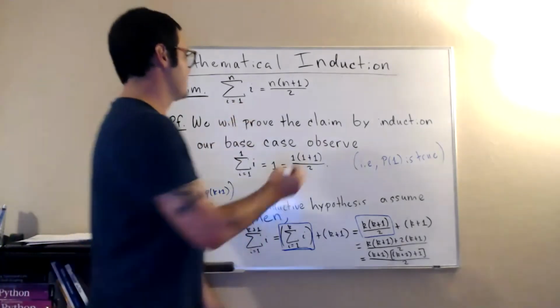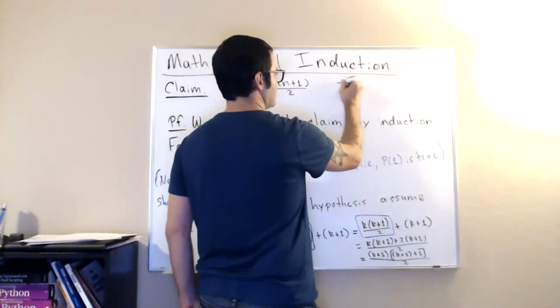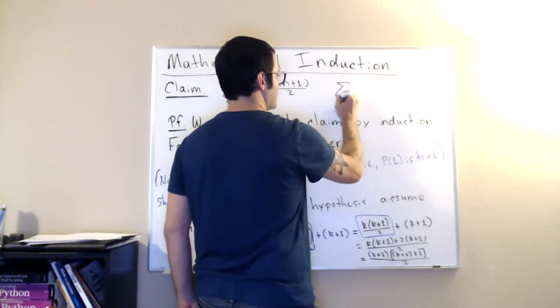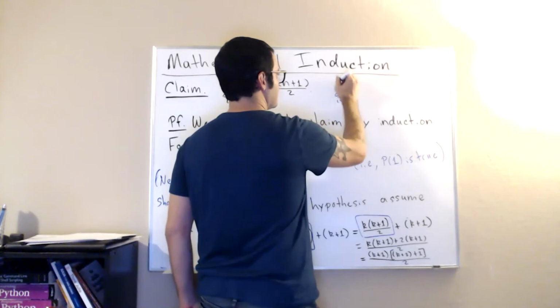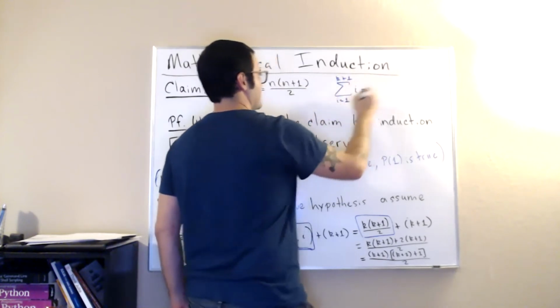So if I plug in k plus 1 for n up here, I get the following.